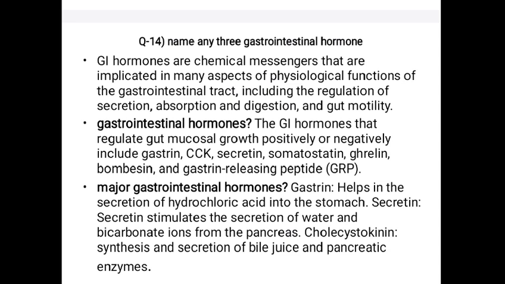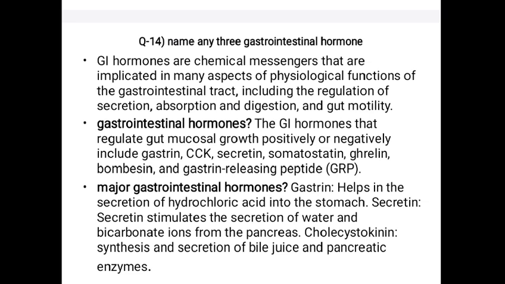Question number 14. Name any 3 gastrointestinal hormones. GI hormones are chemical messengers that are implicated in many aspects of the physiological functions of the gastrointestinal tract, including the regulation of secretion, absorption, digestion, and gut motility.